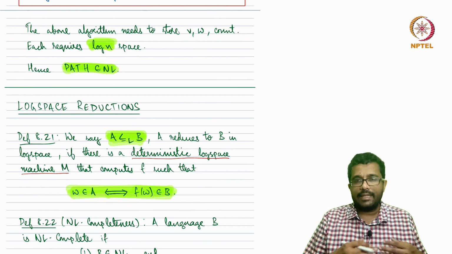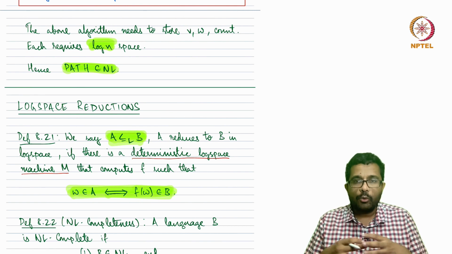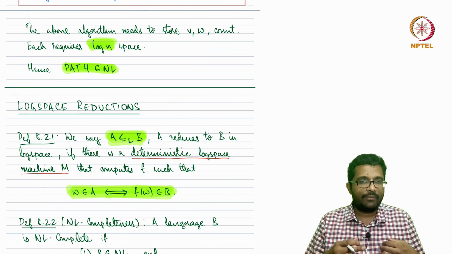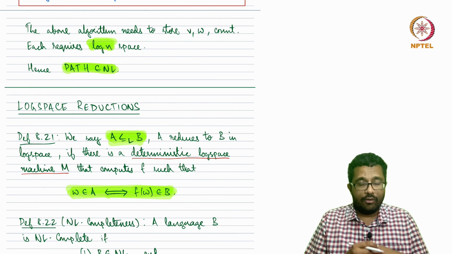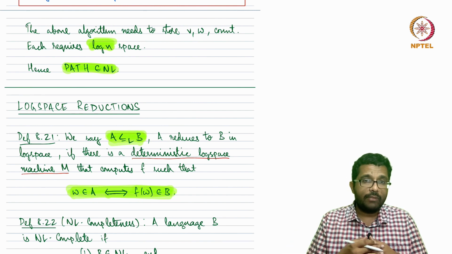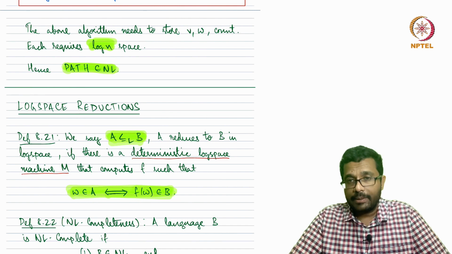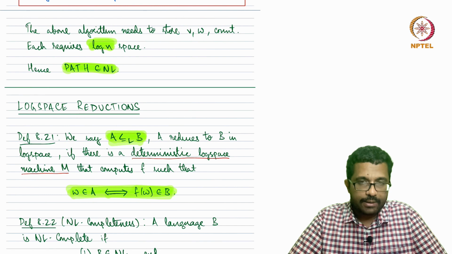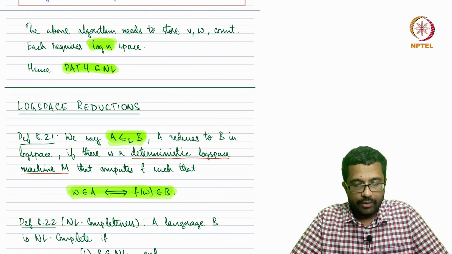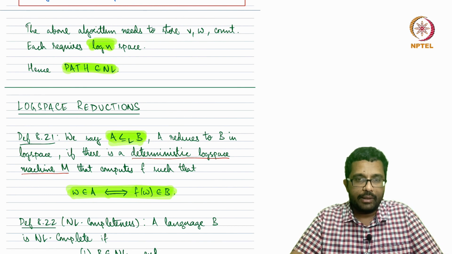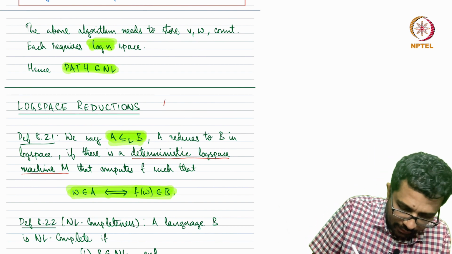We have seen that log space is a subset of polynomial time. So this is a more constrained kind of reduction. Something reducing to something in polynomial time need not imply that the reduction is there in log space. But since log space is in polynomial time, if there is a reduction in log space, the reduction is certainly there in polynomial time as well. So I'll just note it here.